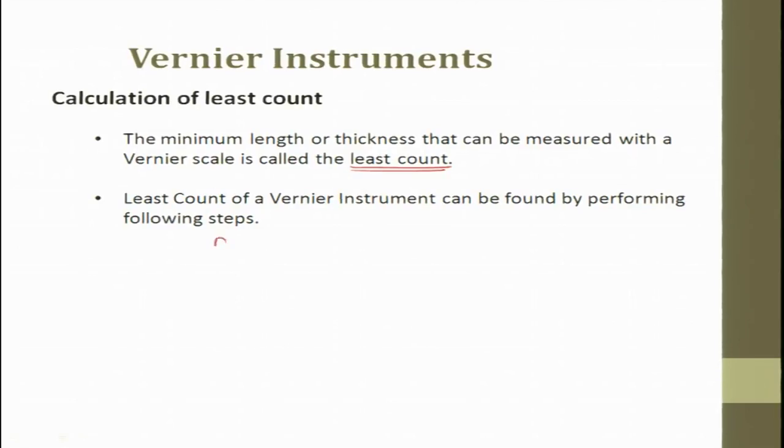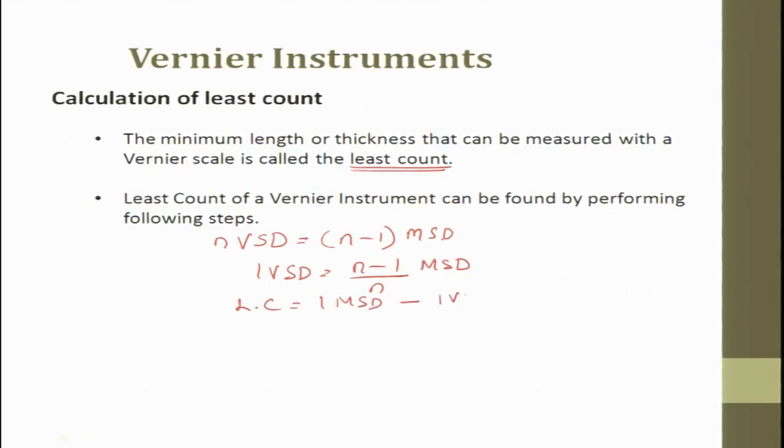So, what we do is n VSD equal to n minus 1 MSD, vernier scale division and main scale division. So, 1 VSD equal to (n minus 1) by n MSD. Least count is nothing but 1 MSD minus 1 VSD.